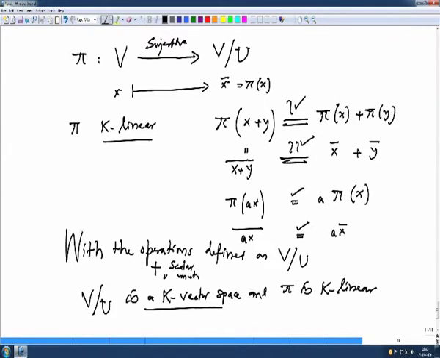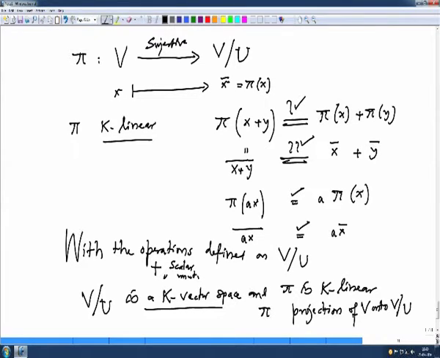This pi I will sometimes call the projection of V onto V by U. Okay.